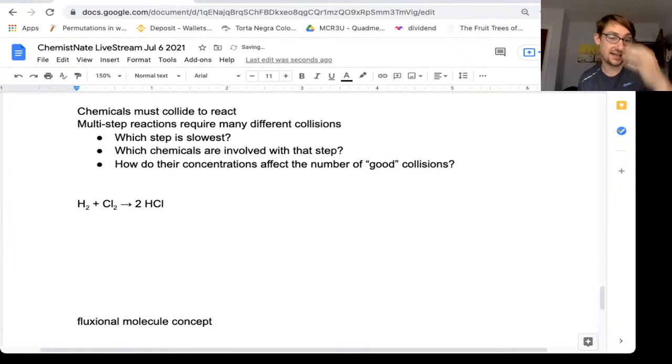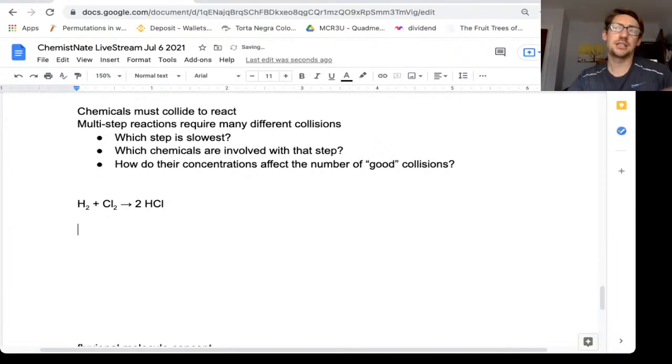In order to make that happen, the H2 has to collide with the Cl2. Now, I don't actually know what the mechanism or list of steps is for this reaction. Let's assume it's a one-step reaction.